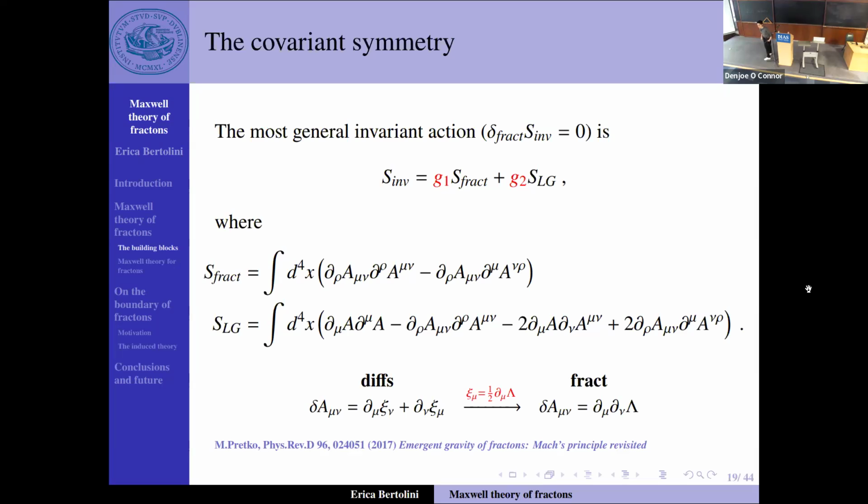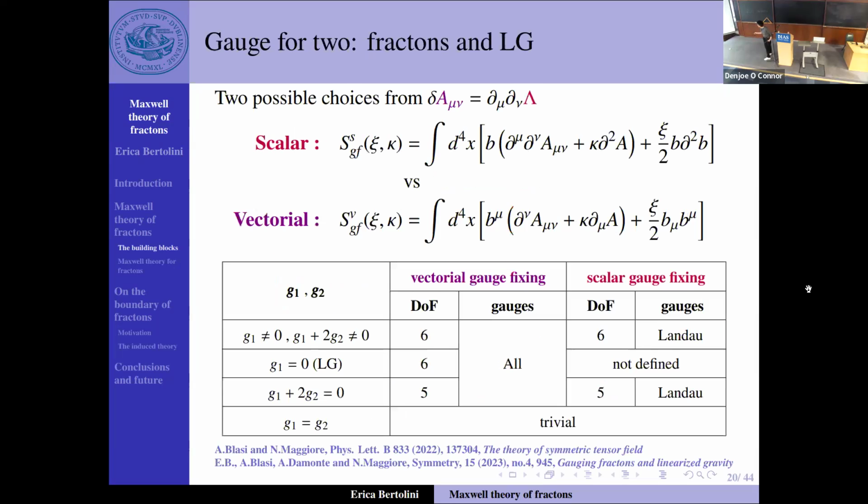How many degrees of freedom are there in the theory? There were 5. Gravity has 2 degrees of freedom. Okay. We're saying the constraint you have from the 3 degrees of freedom that I'm concerned about. This is the counting that one does also in linearized gravity, just looking at the equations of motion.